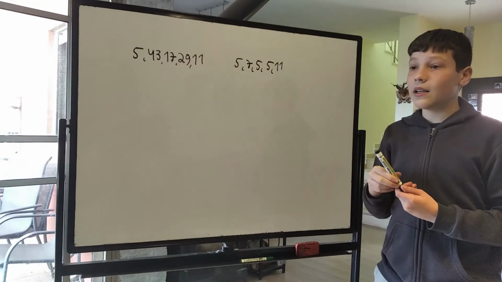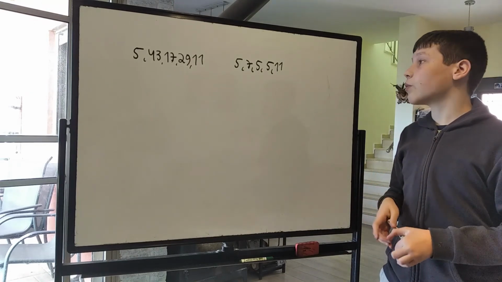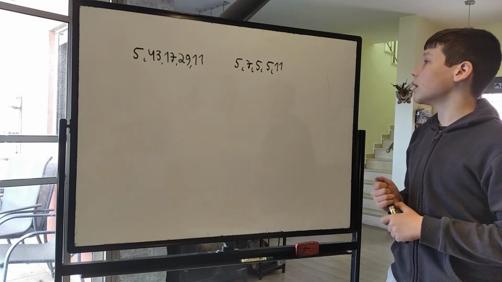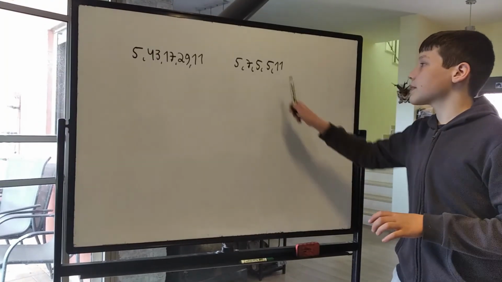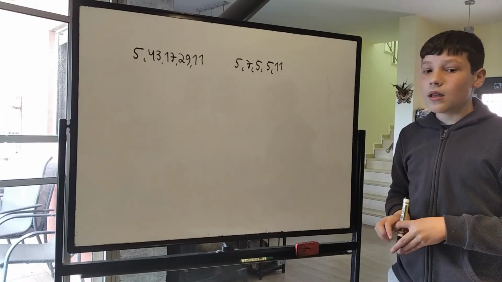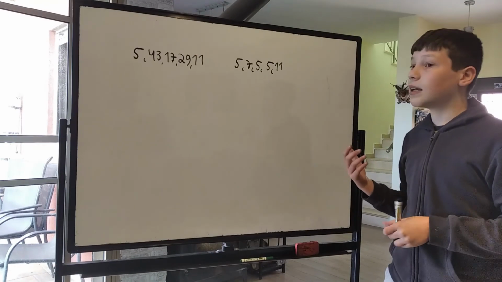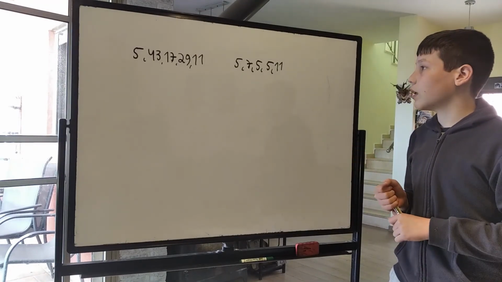And now you can see we actually have more than one pair that are congruent to the same number mod 12. Meaning that when we subtract them, we get a number which is 0 mod 12, aka divisible by 12.